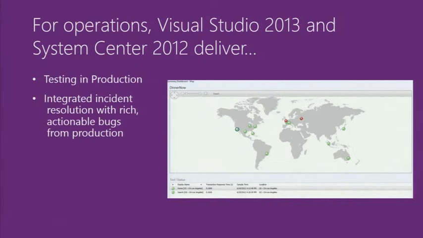And then, of course, I mentioned operations earlier. So we've worked in tight collaboration with our partners on the System Center team. And what we've done is we've actually delivered a set of capabilities that allows you to do a few things related to quality. One is called testing in production, where you can actually monitor your extranet web application from a variety of data centers from around the world that Microsoft runs.